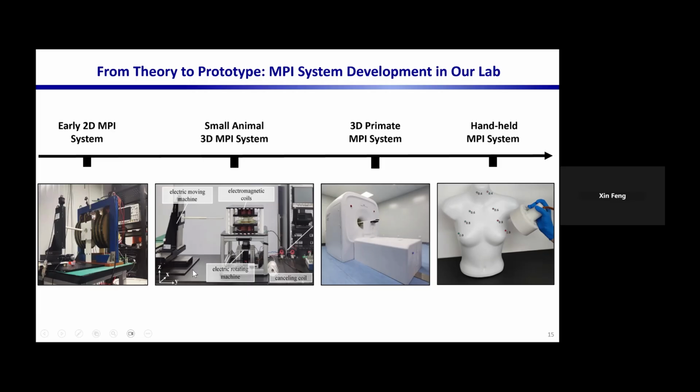The one I'm showing here is with the FFL design, and we have a couple of other scanners with the FFP design. And most recently, we have pushed the boundary further by developing a 3D primate head imaging system. For this system, we have a bore diameter of around 19 centimeters.